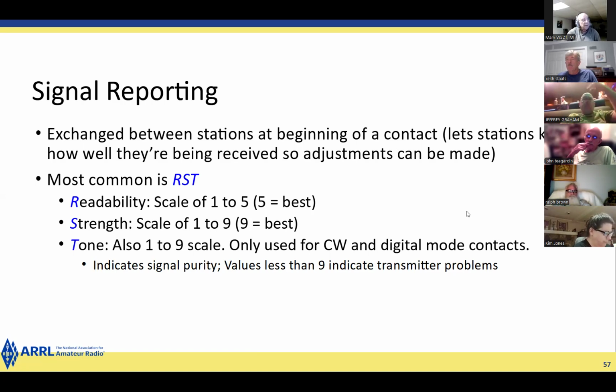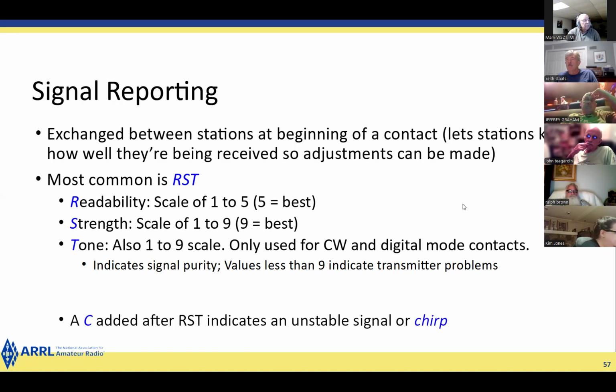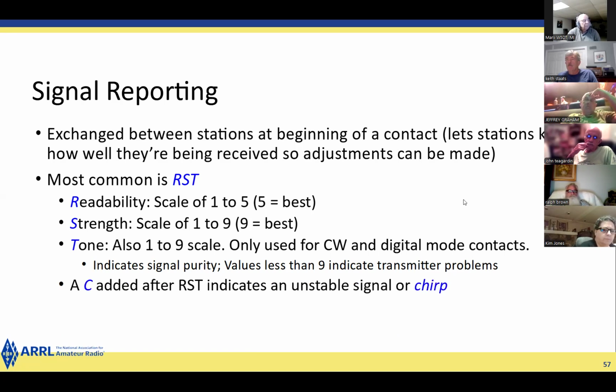In single sideband, it's a different thing. Over here, as they say here, if somebody has a bad signal, you would send a C after the RST report to indicate that you're getting chirp.